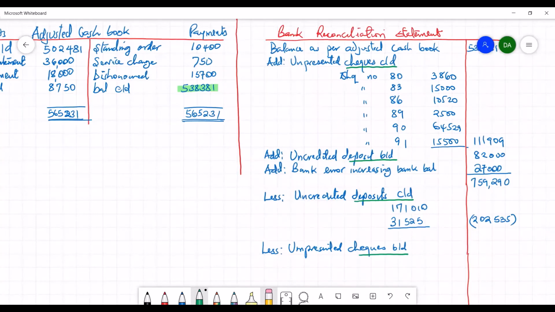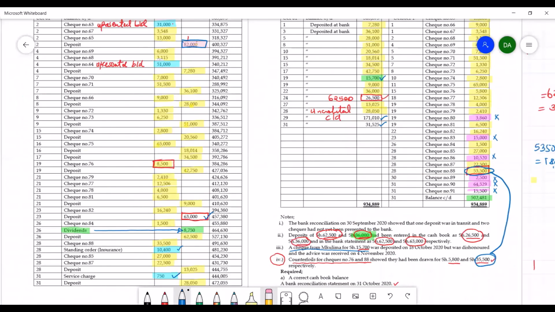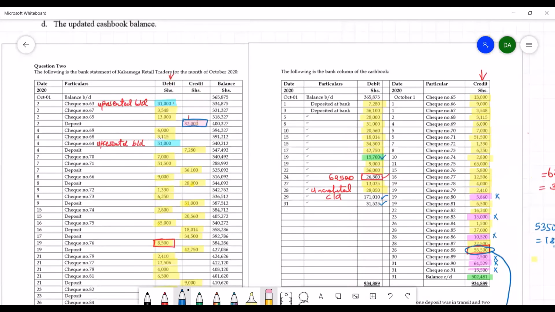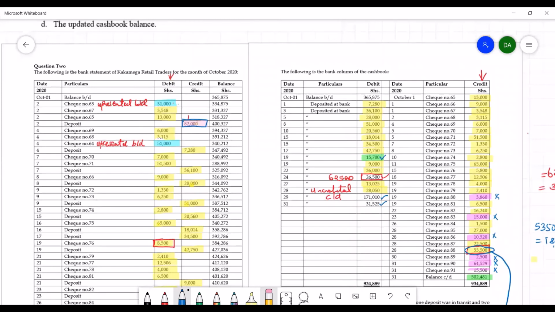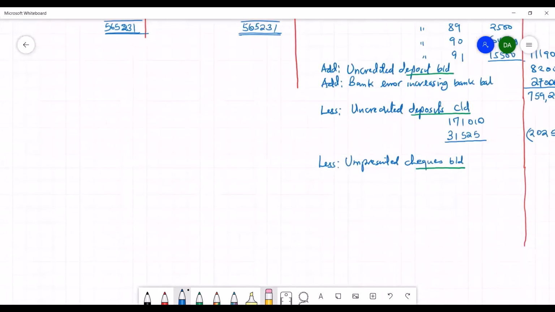Now we have unpresented checks at the beginning, and they include the following. We identified them in the bank statement as 31,000 and 51,000. That is check number 63 and check number 64.